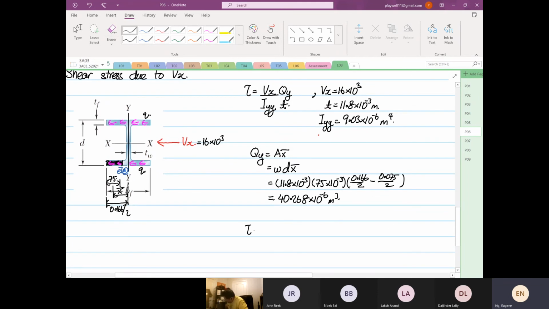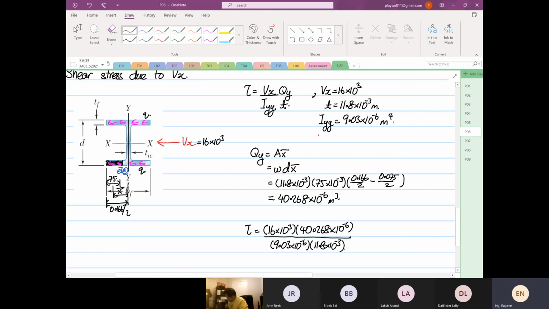Okay, so the shear stress is equal to 16 times 10 to the power 3 multiplied by 40.268 times 10 to the power minus 6. Then you divide by 9.03, and then you divide by a thickness of 11.8 times 10 to the power minus 3.